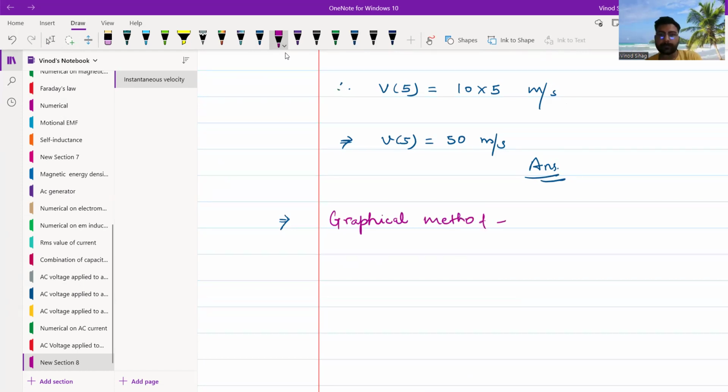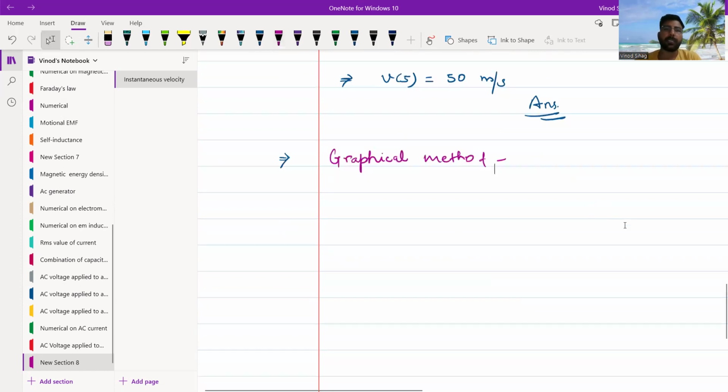Graphical method. In graphical method, how to find out the instantaneous velocity.